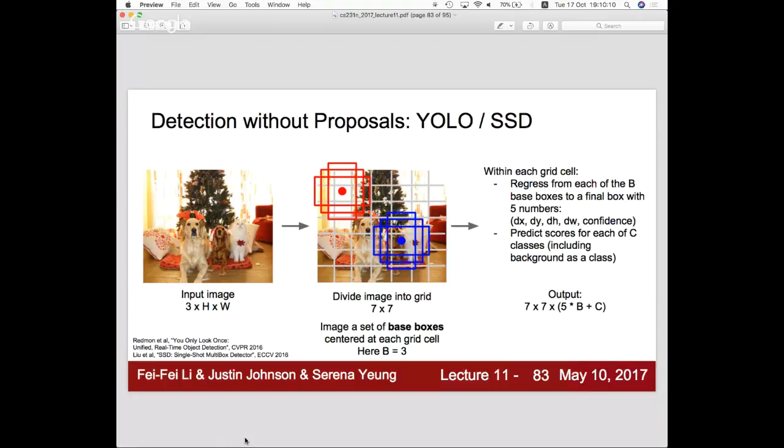So finally, the output is 7 by 7 by (5B + C): the grid, and for each bounding box we predict 5 regression numbers, plus C class scores for each grid cell. So in this grid, the probability of dog should be high. We make a kind of class map for this image.